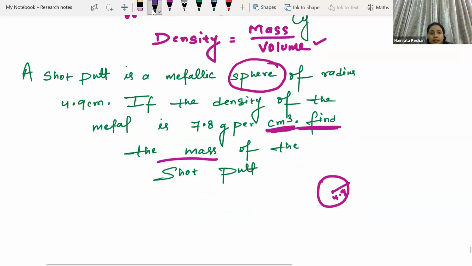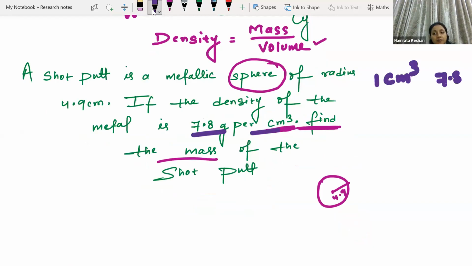See carefully, if the density of the metal is 7.8 gram per centimeter cube, that means for 1 centimeter cube, it is 7.8 gram. So whatever volume we will be getting, for that much centimeter cube, we can find the mass. Yes or no?